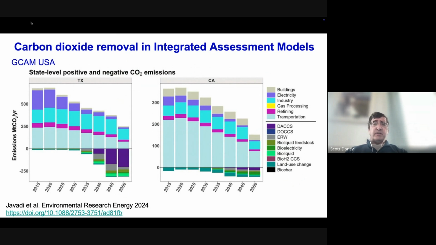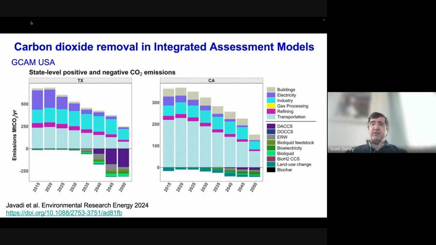We've also done some work, and this is the work of a graduate student here at UVA. There are versions of GCAM that resolve at the individual state level within the US. And this is showing, for the same type of scenario, if you had a national goal of meeting net zero by mid-century, how different the behavior and economic factors might be in Texas and California, where Texas has a lot of opportunities for renewable energy and geologic carbon sequestration versus California, which doesn't have many of those same opportunities.